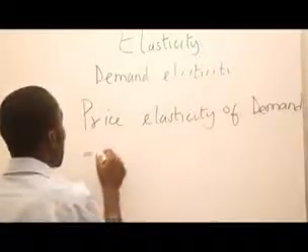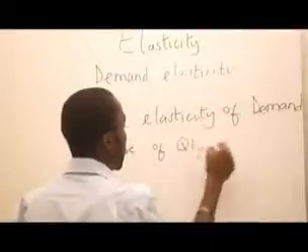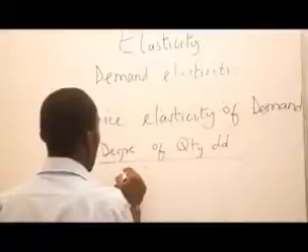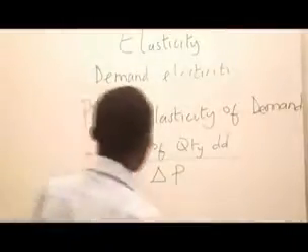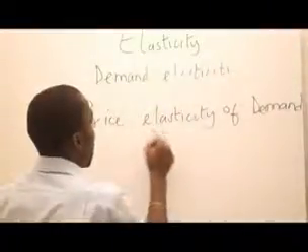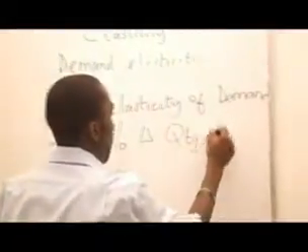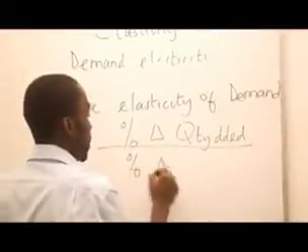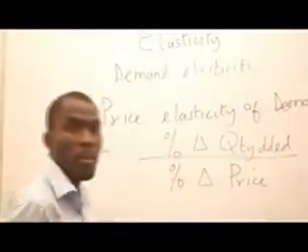So it's degree of quantity demanded response over the change in price. Or basically what we say is that it is the percentage change in quantity demanded over the percentage change in the price of the good.